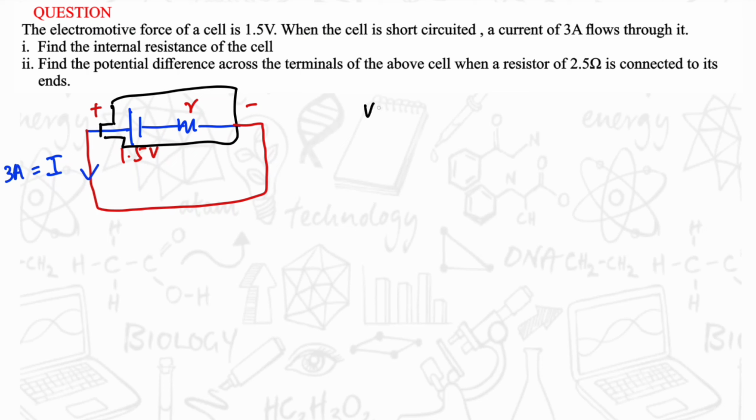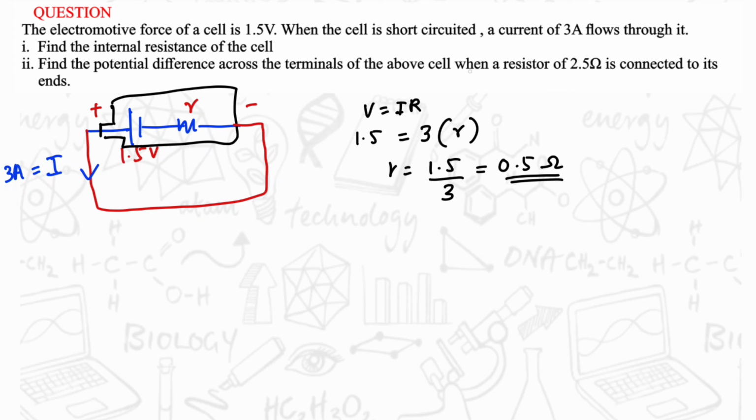Now let's apply V equals IR to this circuit. V is equal to 1.5, and the current is 3 amperes and resistance is, let's say, R. So R will be 1.5 divided by 3, that is 0.5 ohms. This is the Roman number 1.